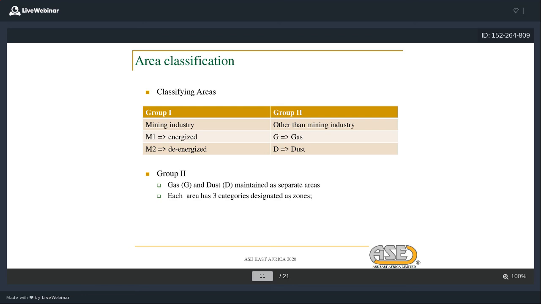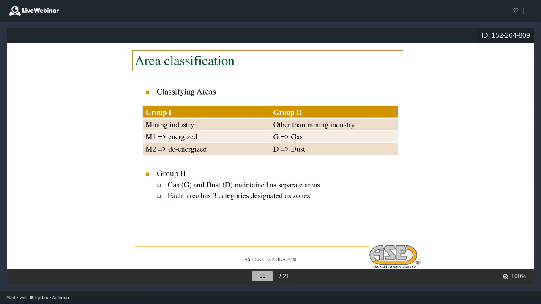And M2 is when we allow the device to be de-energized during the presence of atmosphere. Group 2 is subdivided into 2, G for gases and D for dust. Group 2, remember, is gas and dust. These are maintained as separate areas.